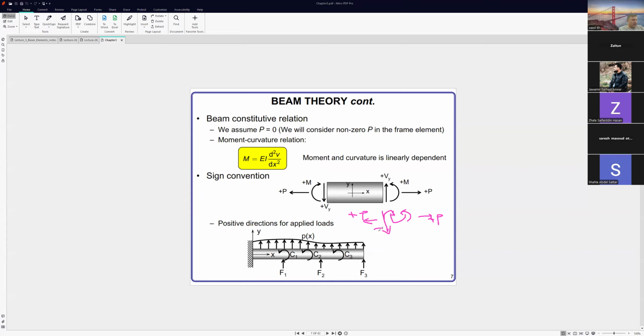Here is the positive sign of the shear. So this is the positive direction for applied loads. Here we have, for example, reactions F3, F2, F1, and here the moments C1, C2, C3. Also we have distributed load P, and it is upward, meaning positive P.